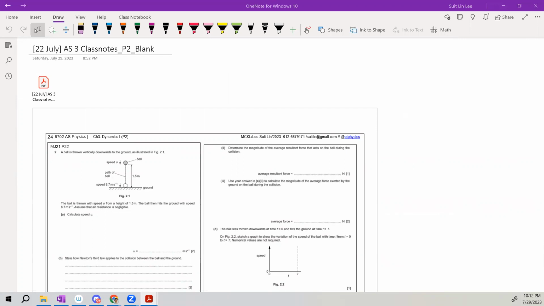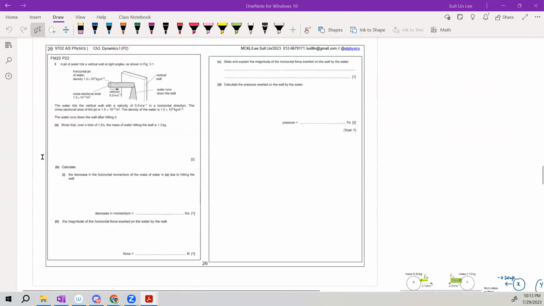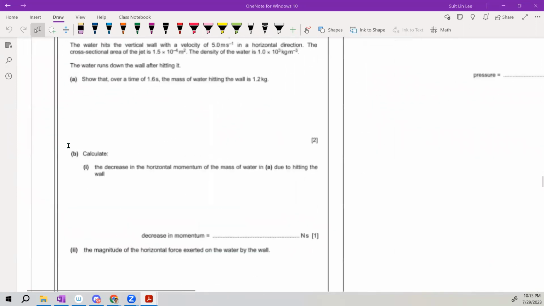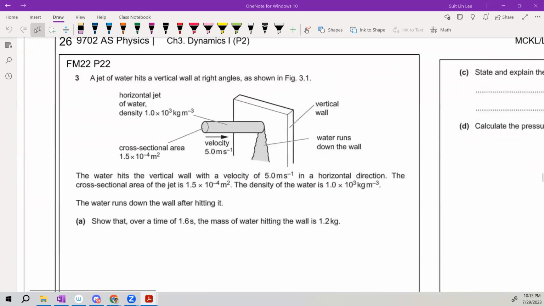It's only 1. Okay, lah. We'll look at page 26.